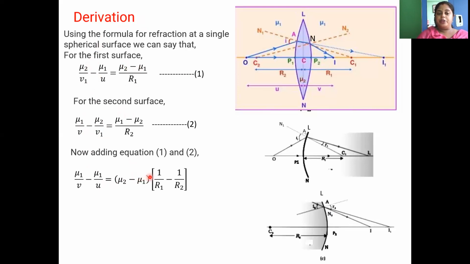So mu2 minus mu1 times 1 by R1 minus 1 by R2. Now just simplify it. Take mu1 common from the left hand side and divide both sides by mu1. Then you will get this equation. Write it as equation 3.